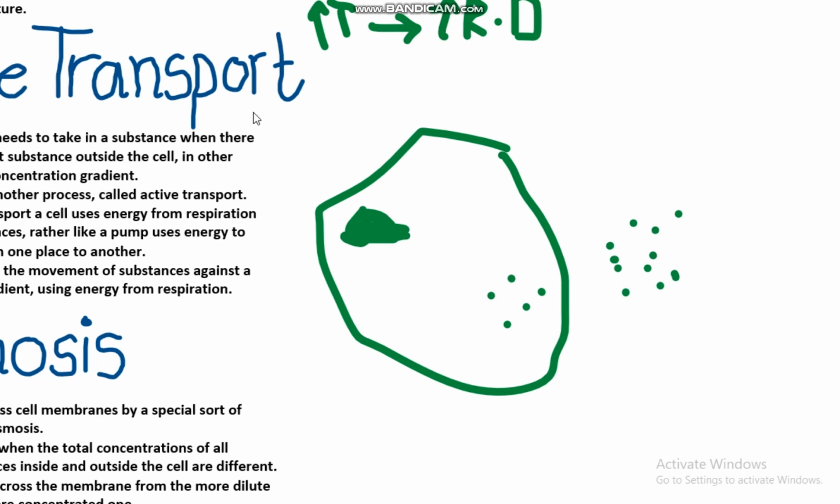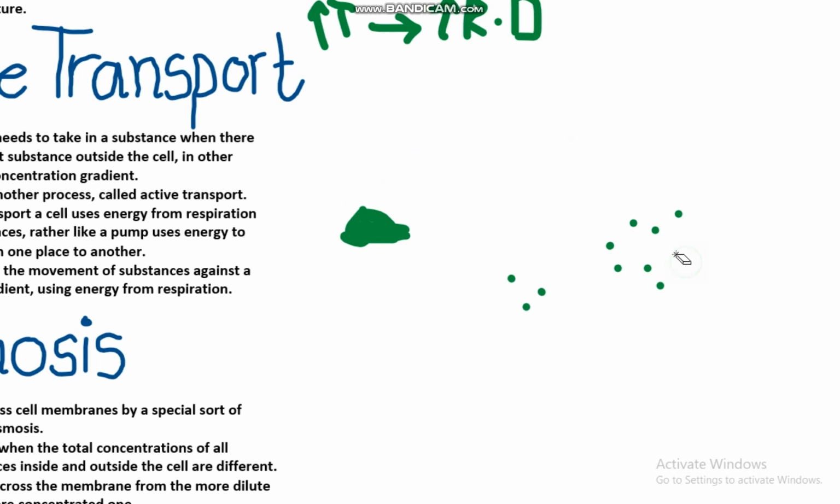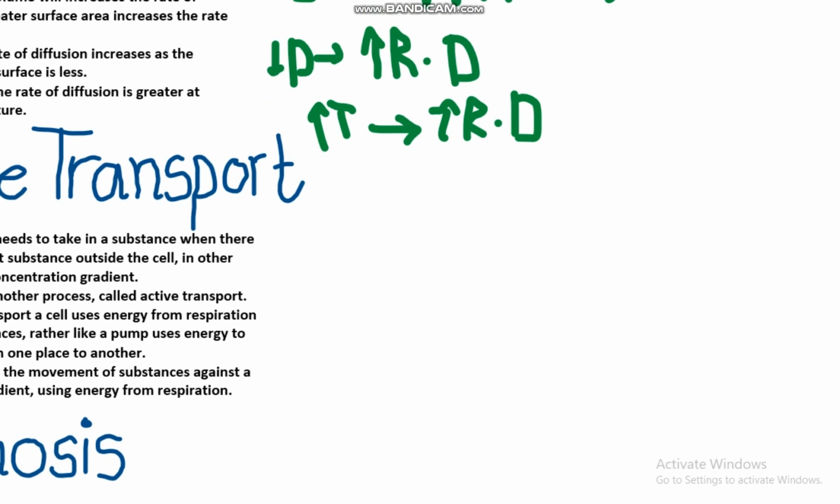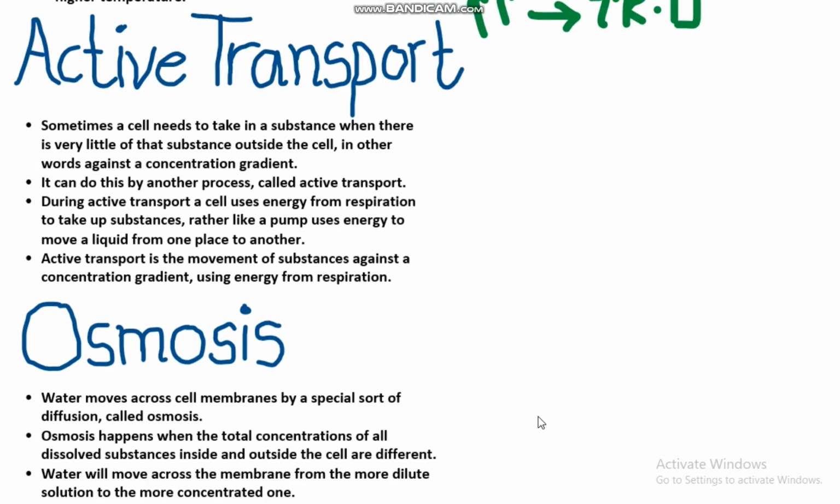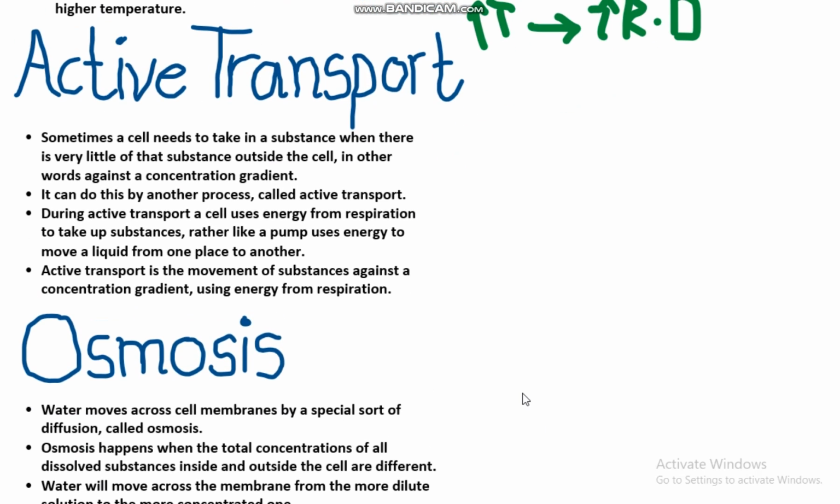For example, just take the kidney tubules example. The kidney tubules usually have less glucose in them, so they have to take up more glucose, as glucose is important for our respiration process.